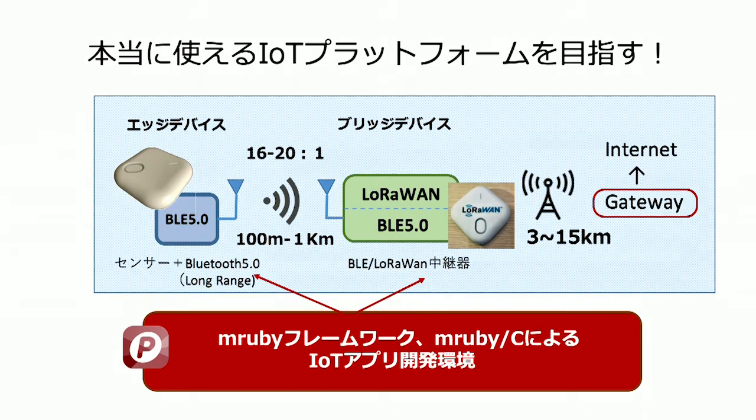Various sensors are attached, and here's the Bluetooth long-range version covering 100 meters to 1 kilometer, and then the bridge device receives it and sends it over long range to the internet using LoRa. 16 to 20 units of this have been used. I have the actual sample. This is the actual size, battery operated and also chargeable.